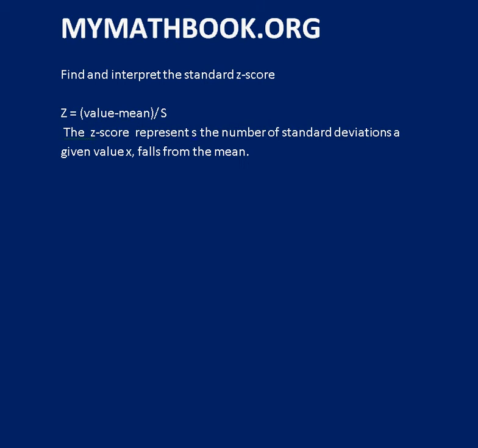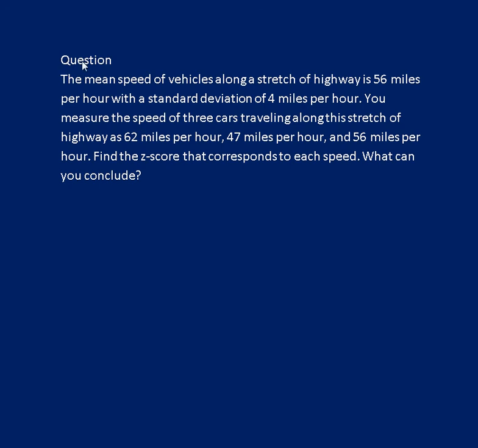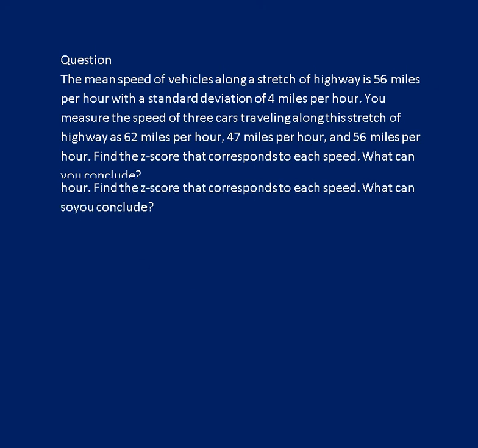Now that we have that, I have a question I want us to take a look at. The mean speed of vehicles along a stretch of a highway is 56. Let's begin here by putting out a solution.